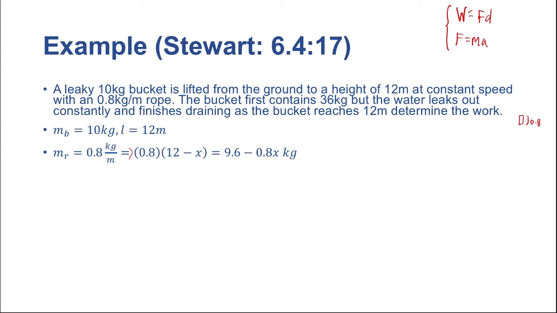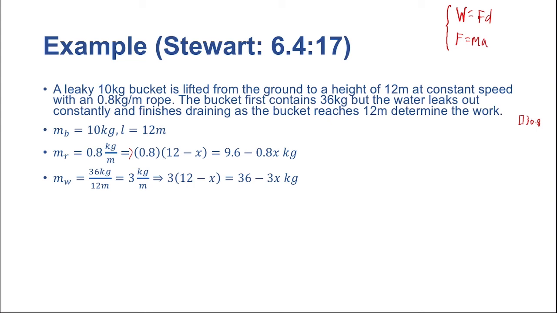So that's 0.8 kilograms per meter times (12 minus x) meters. That gives us 9.6 minus 0.8x kilograms. So now we're starting to see our x variable that we love so much. It's coming back.